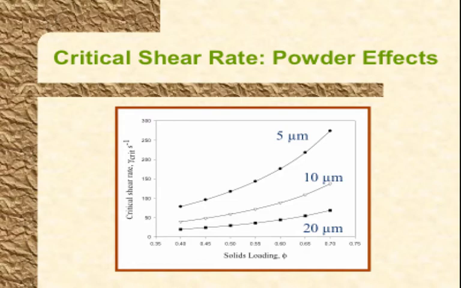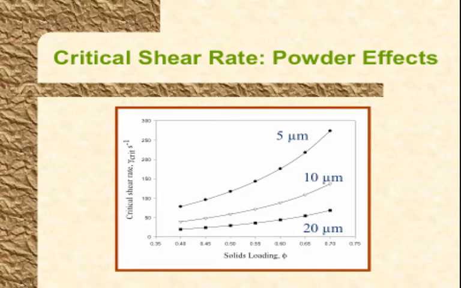So it's consistent with the general idea that more concentrated powder polymer mixtures are more difficult to mix, and smaller particle sizes are more difficult to mix. This allows some kind of a quantitative manner to try to see how much more difficult it is.